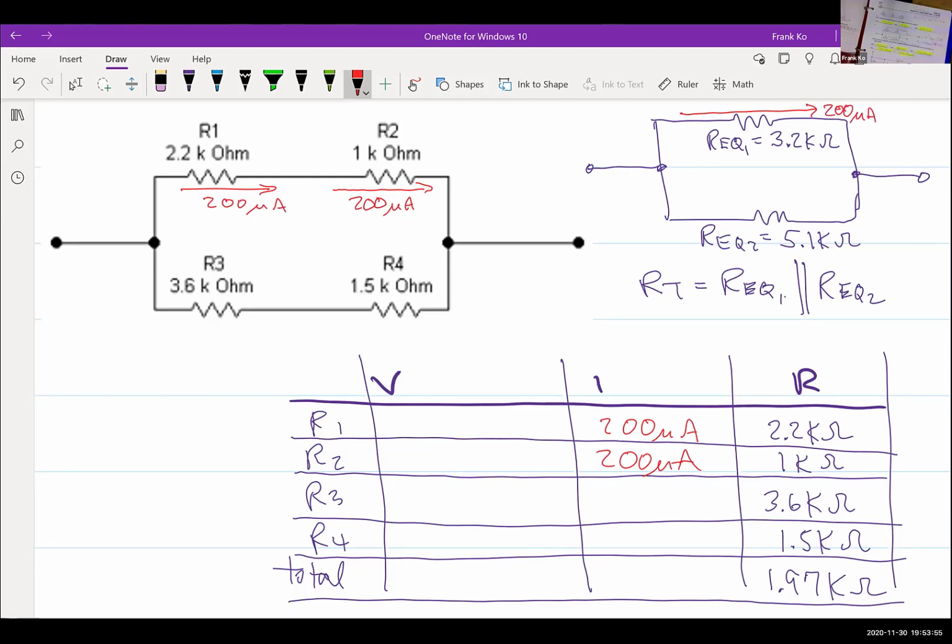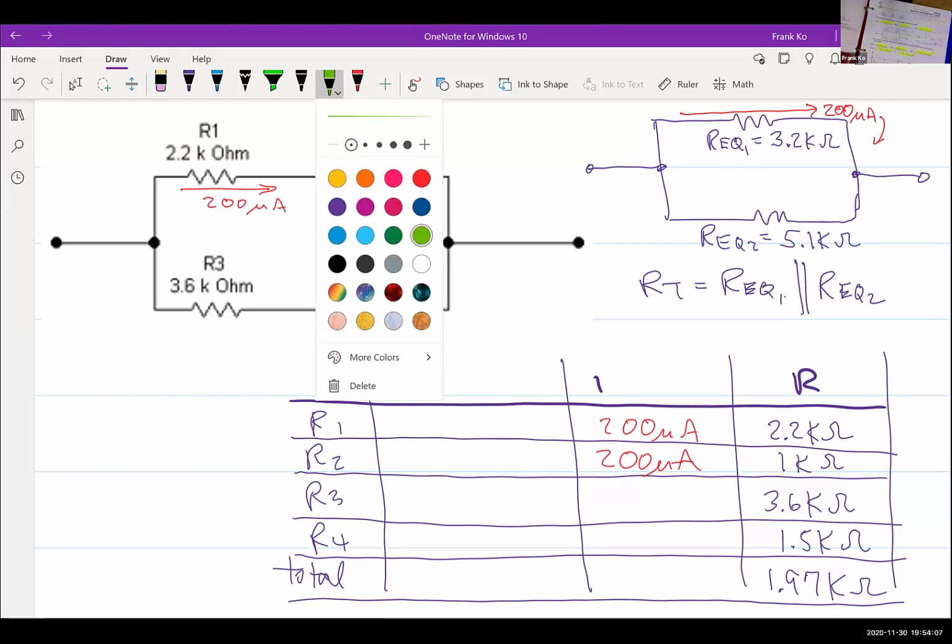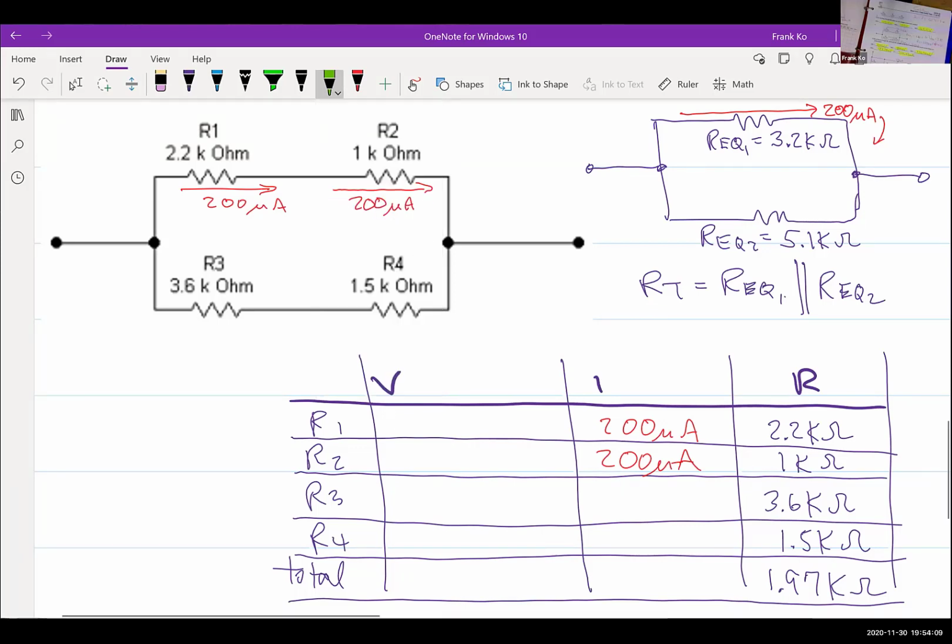Yes? Well, take a look at my redraw. My redraw has 200 microamps, and I have 3.2 kilo ohms. Do I have enough information to determine a voltage across REQ number 1? How do I determine the voltage across REQ number 1? Don't I have current and don't I have ohms?